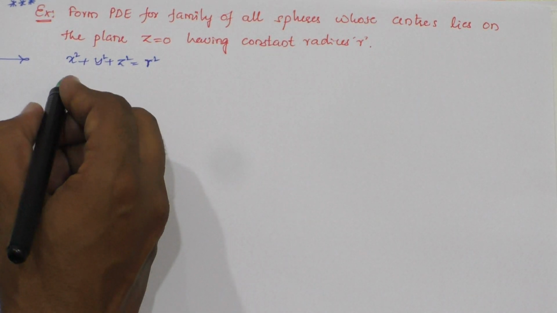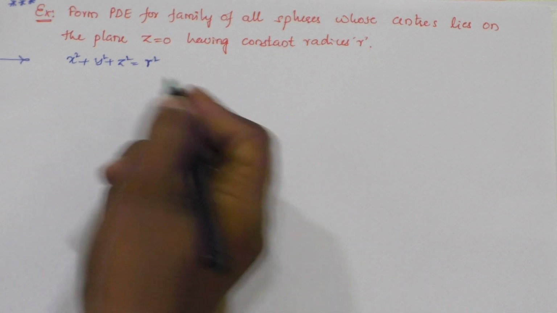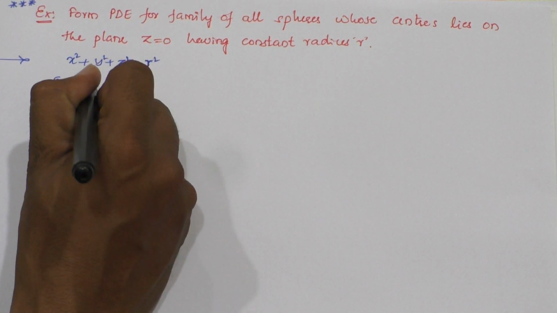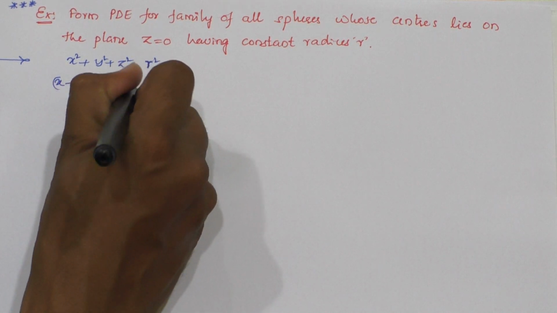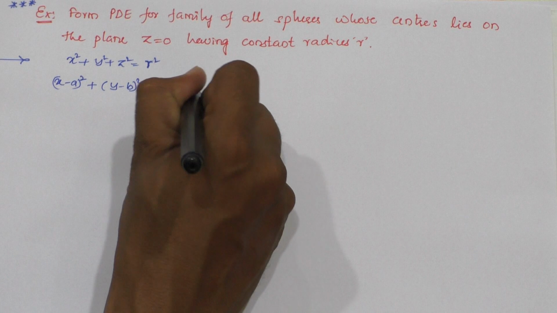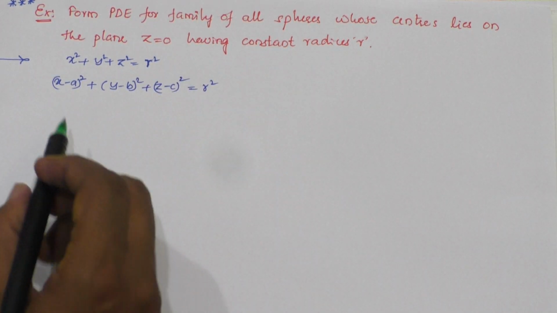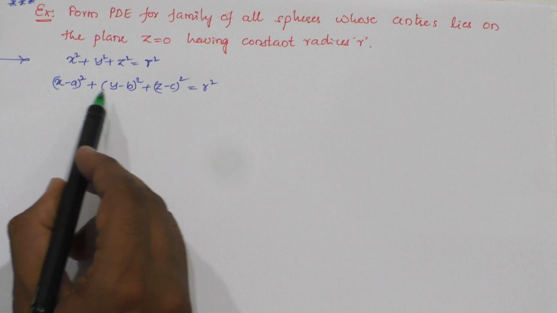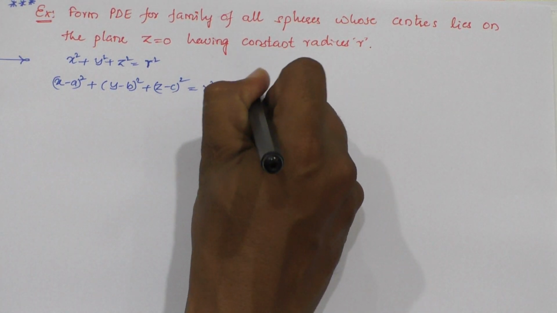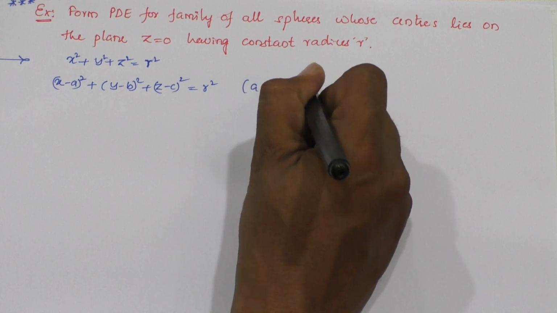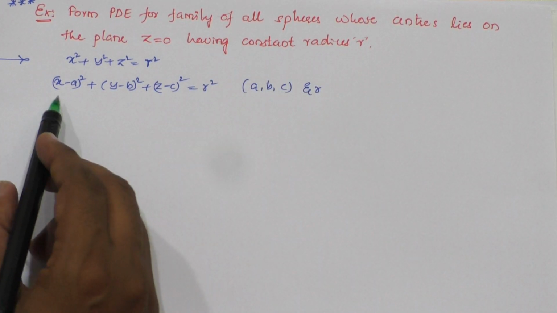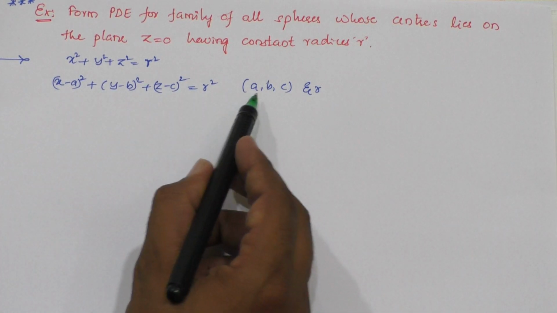Now with the center at any point, that can be written as x minus a square, y minus b square, z minus c square equal to r square. So this is the equation of a sphere whose center is at a, b, c and having radius r.